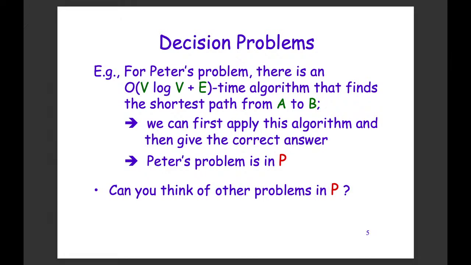What we need to do is tell the user the vertices along the path from A to B. So the user can easily check whether the vertices you give really form a path that connects A to B, and then check whether the total length of this path is less than or equal to 100.